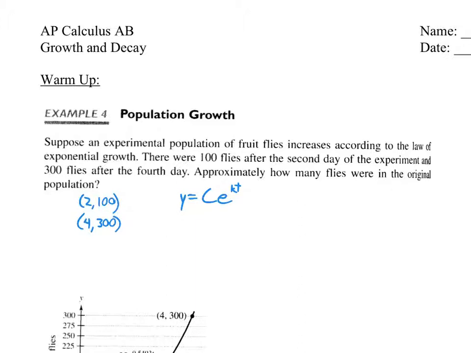So you can use this model to get 2 equations with 2 variables. We don't know what k is, we don't know what C is, but we do know that it equals 100 when we have Ce^(2k), and we know it equals 300 when we have Ce^(4k).